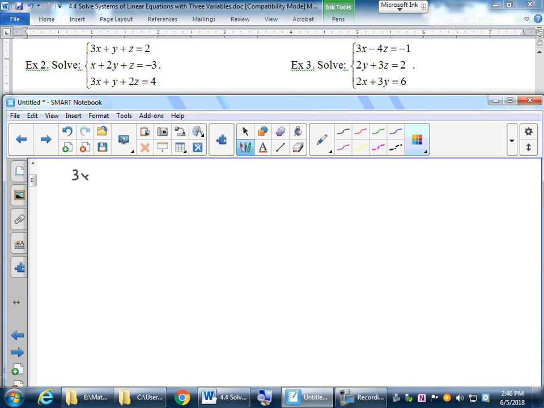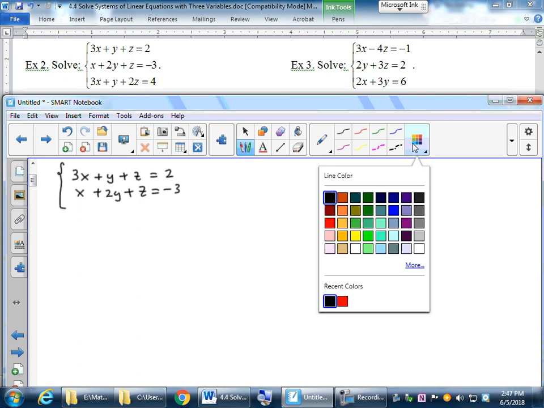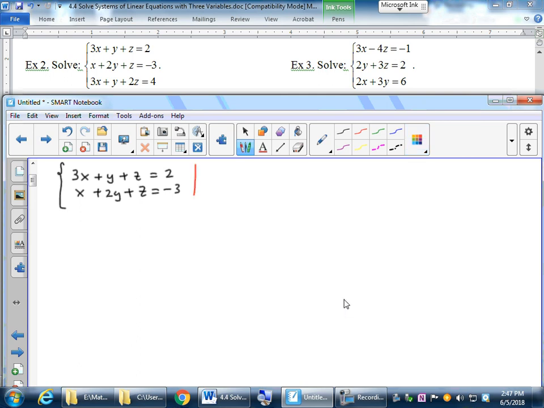So I'll copy down 3x plus y plus z equal to 2, and x plus 2y plus z equal to -3. So I will copy down equation 1 and equation 2. And then we already decided to eliminate z, so I'm going to multiply equation 1 by -1.